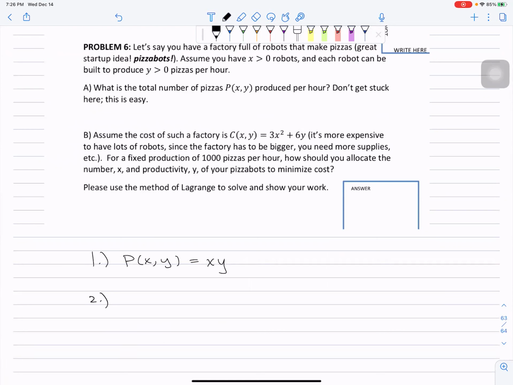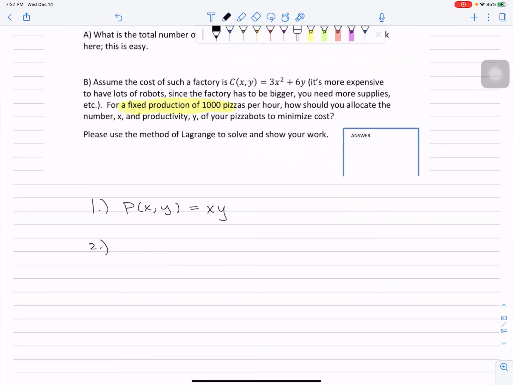Question 2, assume the cost of a factory is this. For fixed production, so as soon as I see fixed, I know this is a constrained optimization problem because they're giving me some limits, some constraints. For fixed production, how should you allocate the number x and productivity y of your pizza bots to minimize cost? Because it's a constrained optimization problem, I know to use Lagrange.